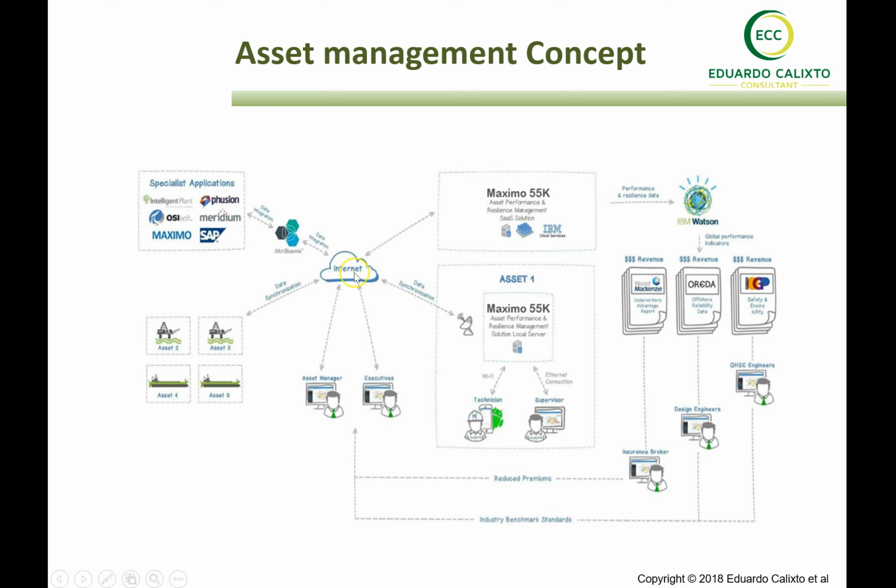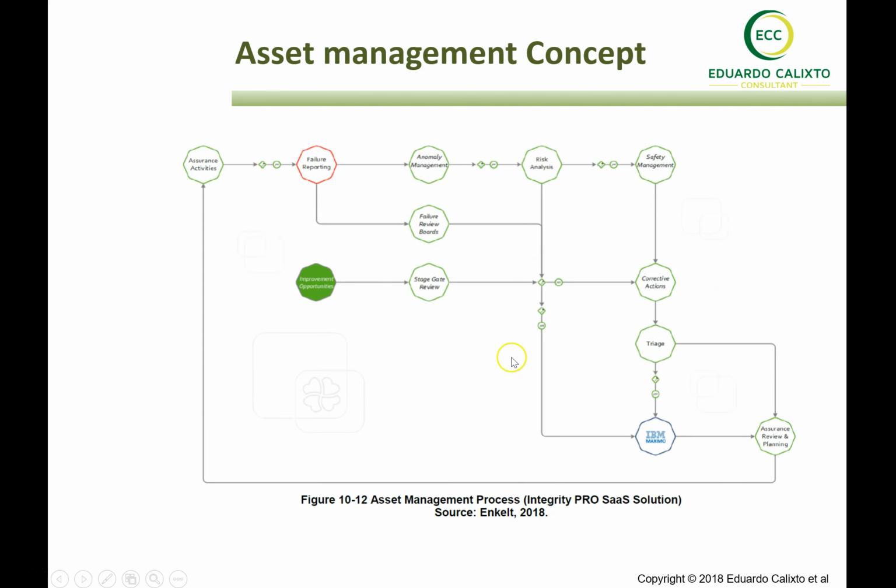So the first objective is to integrate all such information, as demonstrated here in the flow. For example, we have information that came from IBM as well. What the maintenance group defined as a preventive maintenance schedule goes to the assurance plan, that is the asset management.